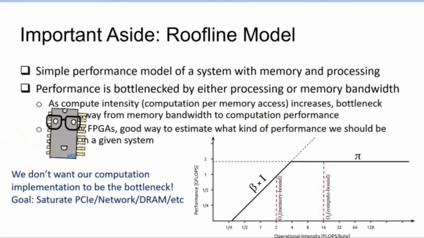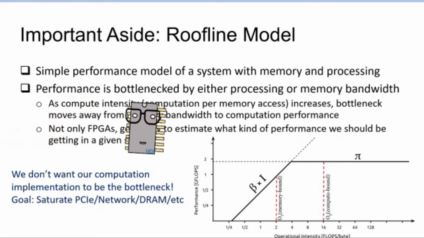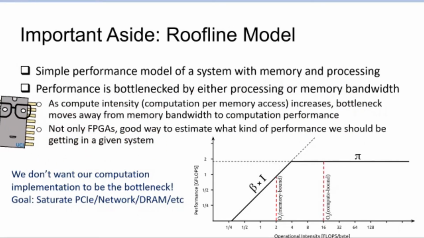Meaning, as compute intensity, meaning computation per memory access, how much computation do we do per 1 byte of memory that we load from memory? As computation intensity increases, given a fixed computation performance of the machine, the bottleneck moves away from memory bandwidth to computation performance. Say we have a fixed computational throughput.